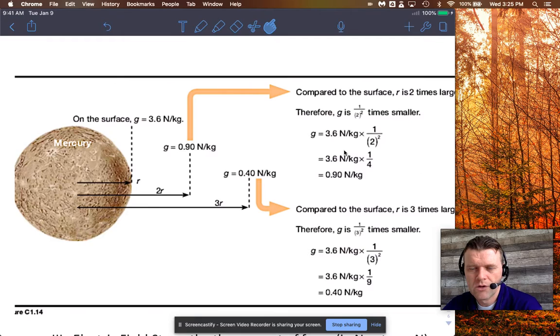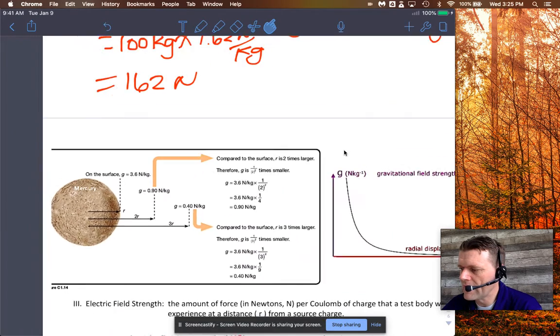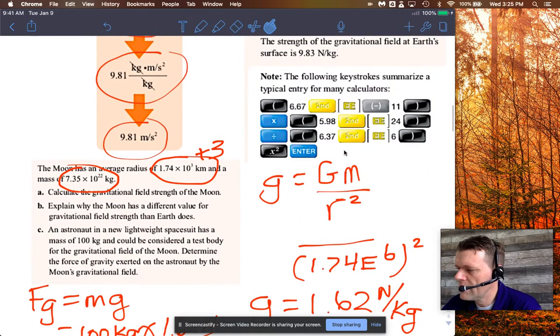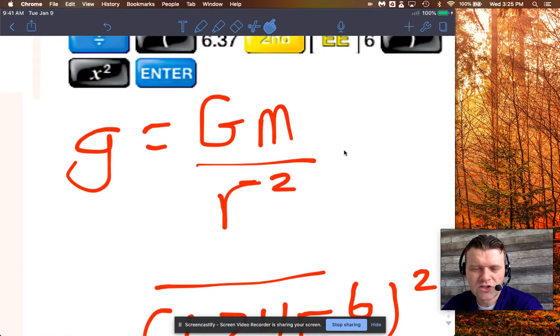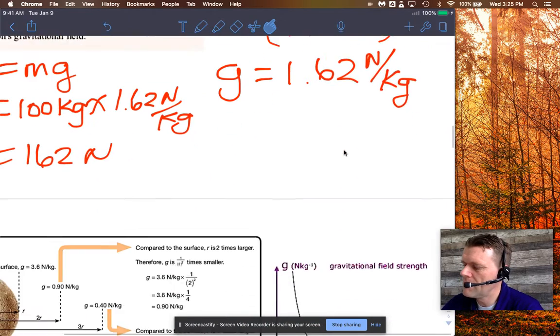And that is due to the fact that if you look at the equation, r is always squared. So if you double the r, you have to square that 2 and it becomes a 4. If you triple the r, you have to square that 3 and it becomes a 9. So that's what I mean by exponential here.